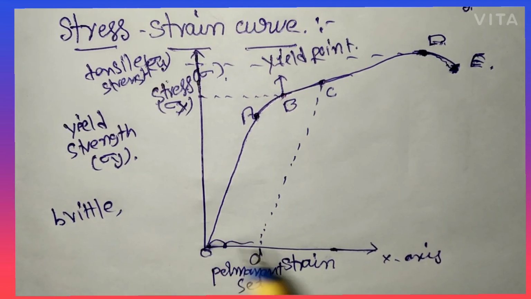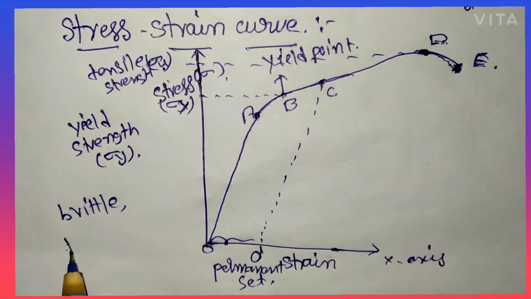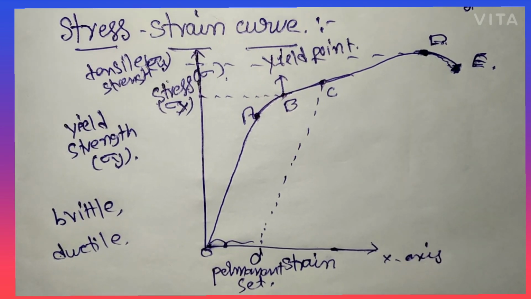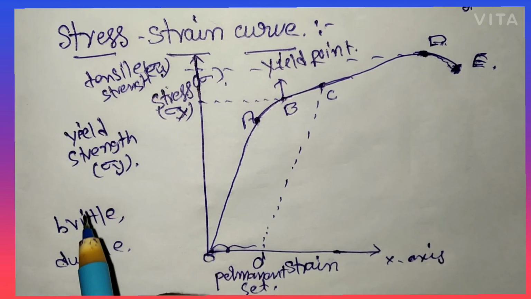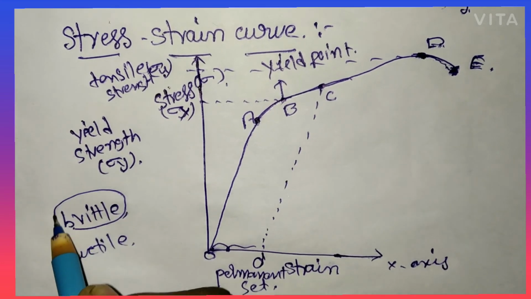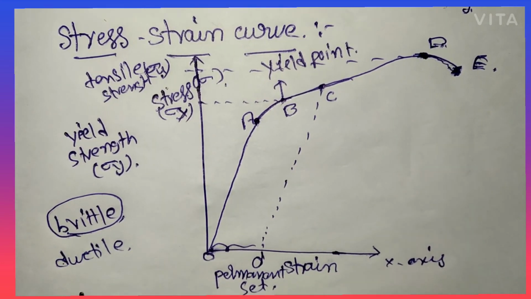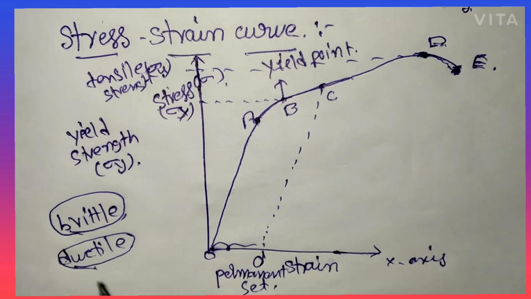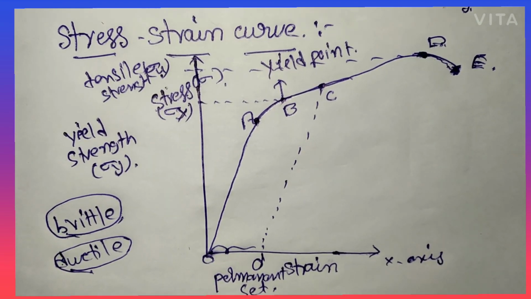If they are far apart, the material is said to be ductile. Brittle means it will break fast, and ductile means it will take time. The stress strain curve varies from material to material.